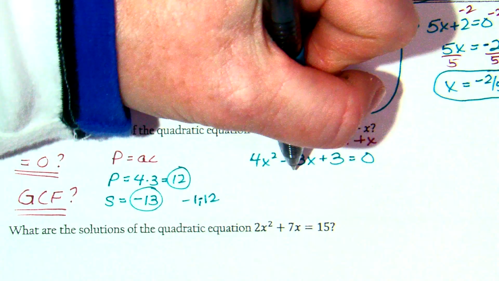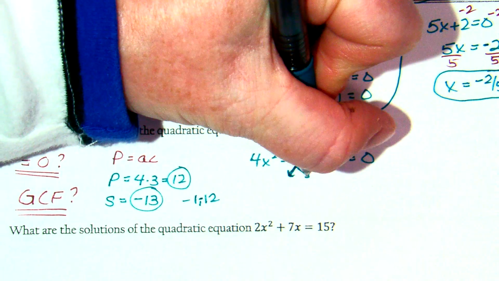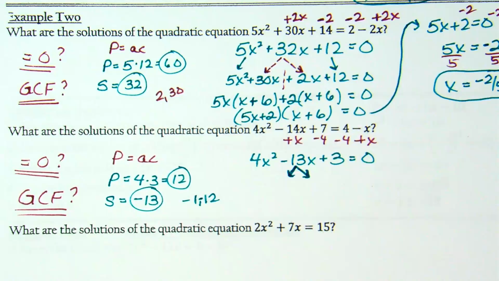So what do I do with my negative 1 and negative 12? Split your middle term. You guys have a preference of which way you want me to split this? Put the 12 first.